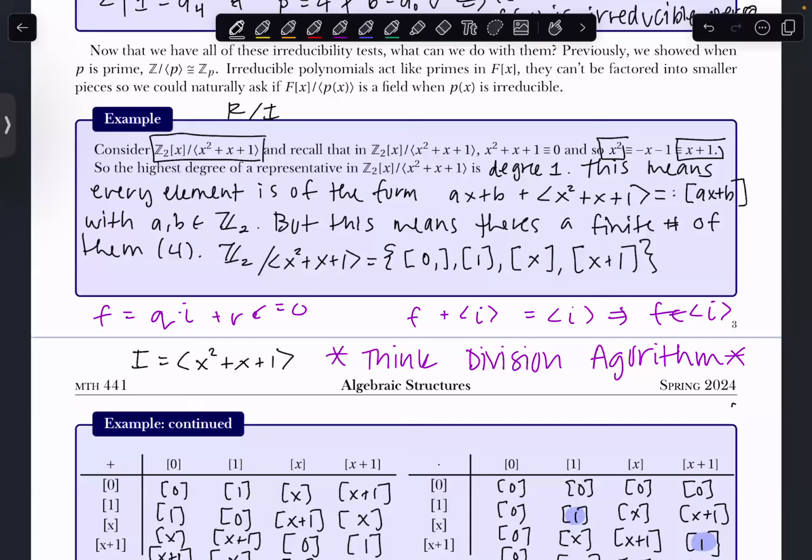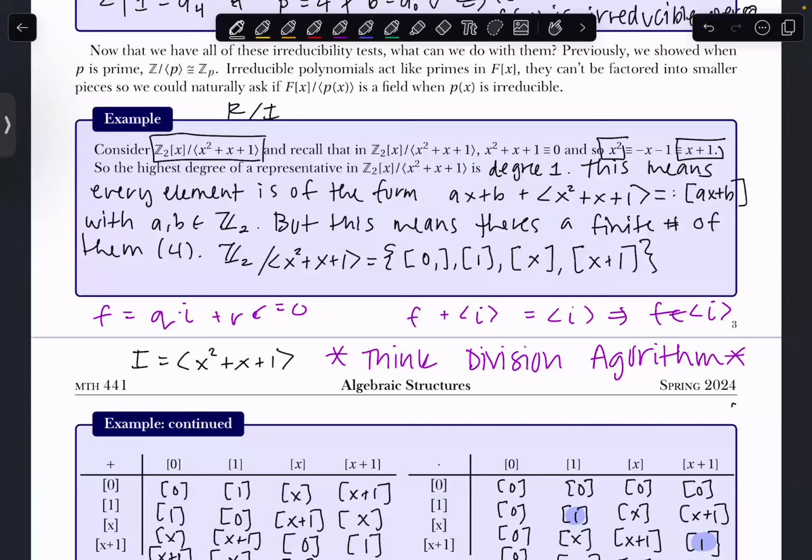Something else that we can think that I didn't write out earlier, so you can actually think division algorithm. Technically, I shouldn't be able, oh no, this is a field, Z2 is a field, so I can think division algorithm where my coefficients come from Z2. I can think when is my representative equal to the zero element? It's when it's a multiple here. The only time it's a multiple is when I divide and my remainder is 0.